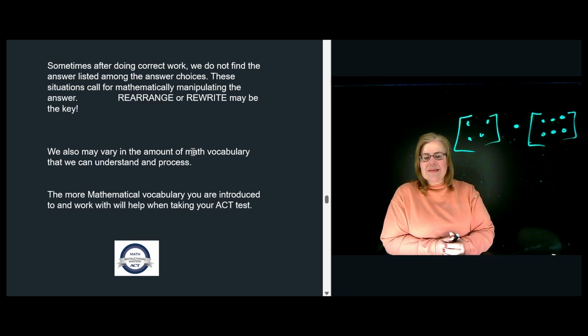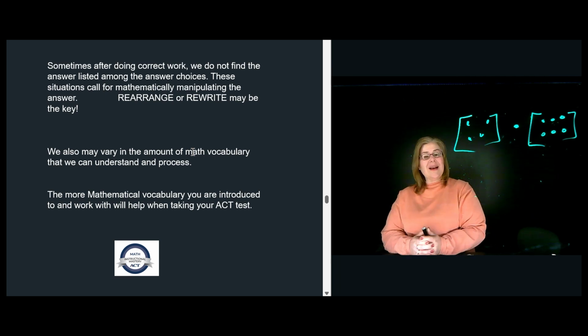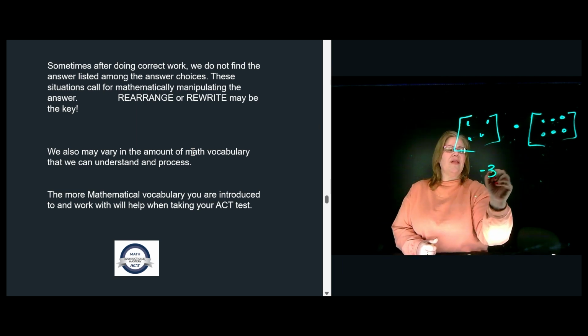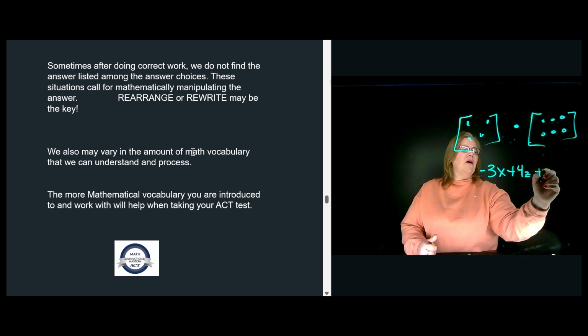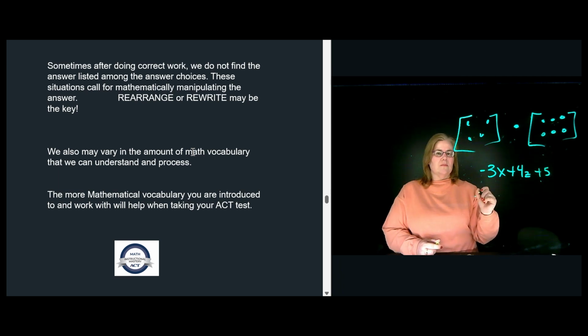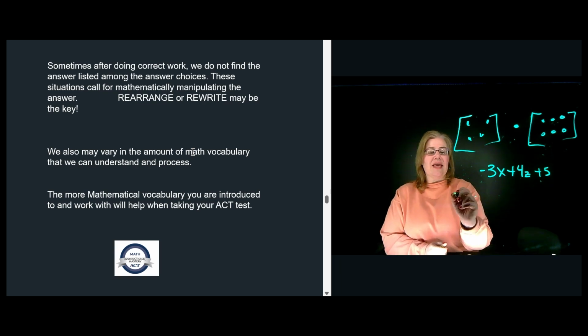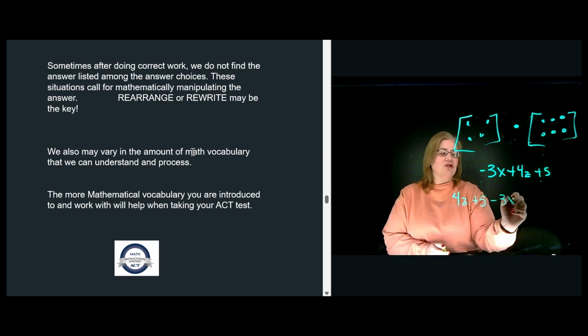All right, sometimes after doing correct work, you don't find the answer listed among the answer choices. These situations are called mathematically manipulating answers. Rearranging or rewriting them may work. So you've done this great math and you've gotten 3x plus 4z plus 5. Well, I don't see that in my answers, but I do see 4z plus 5 minus 3x.